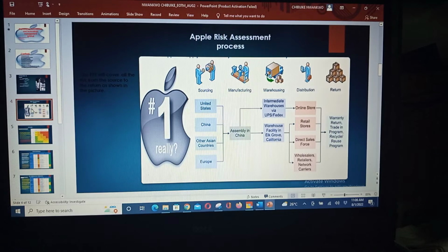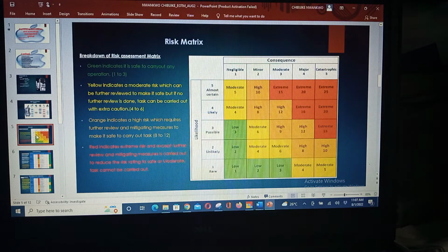So the Apple risk assessment process will cover the organization from the sourcing, manufacturing, warehousing, distribution, and the returns. The first is going to be the risk assessment matrix. The matrix itself is rated from 1 to 5 for the consequences and also from 1 to 5 for the likelihood.